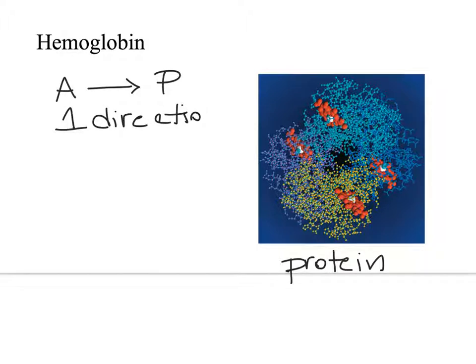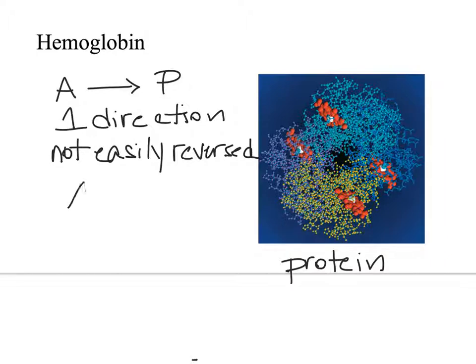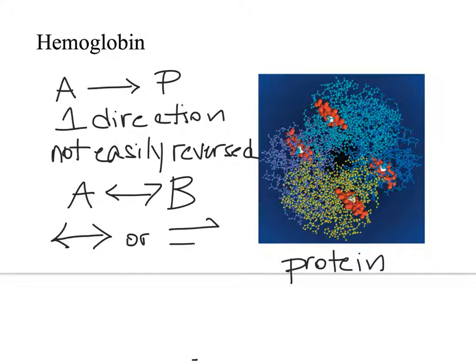You can take a compound and make the product, but you can't easily reverse it. In biological systems, it makes sense for reactions to go in both directions, or in equilibrium. And you'll see the arrow shown 2 ways, like this, or with 2 arrows.